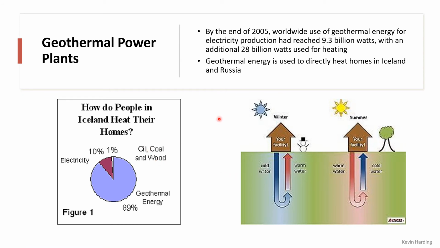So we've mentioned that there are power plant options for this, but the other option, as I already alluded to, is that it is used particularly in Iceland, and here we also have it in Russia, where it is used to heat your home directly. So again, if you're in South Africa, we don't know what heating your home actually means. Sorry, I see there are spelling mistakes in this diagram that's been pulled off the net.